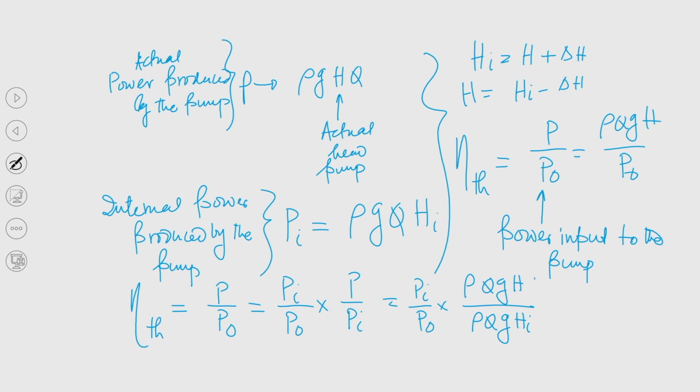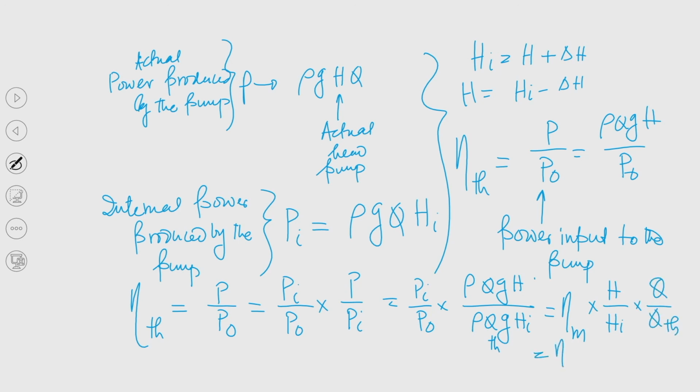So, this is Pi by P naught into P by Pi, where Pi has Q theoretical. That Pi by P naught is nothing but the mechanical efficiency, into H by HI, right, into Q by Q theoretical.